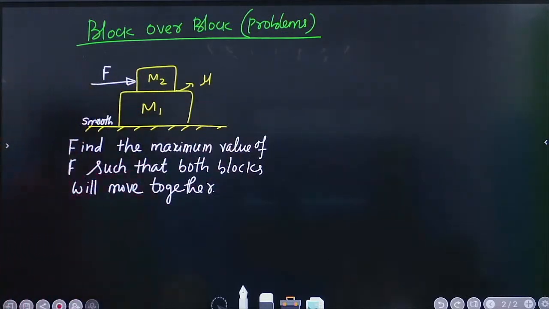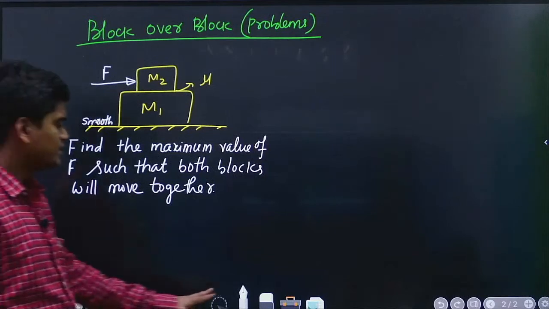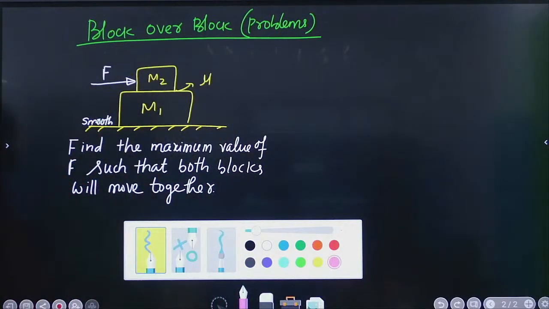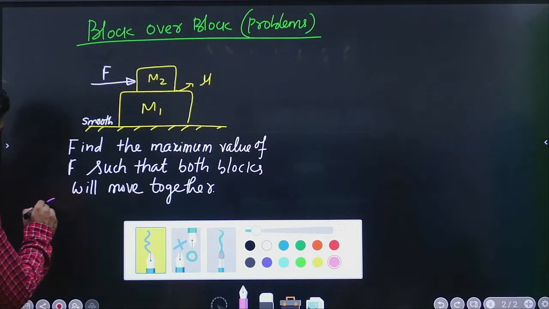Okay, now listen here, the solution will go like this.